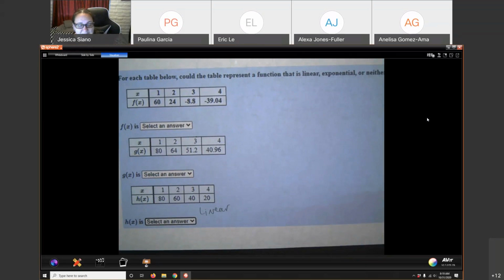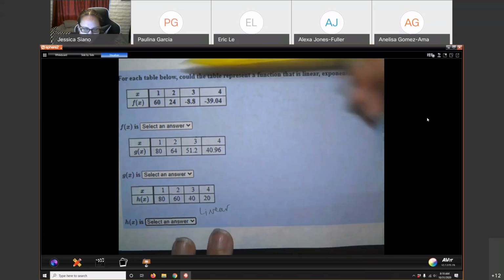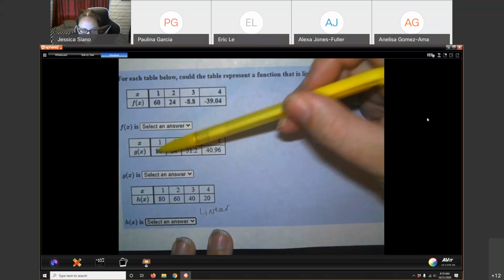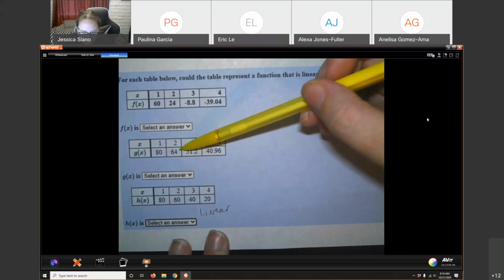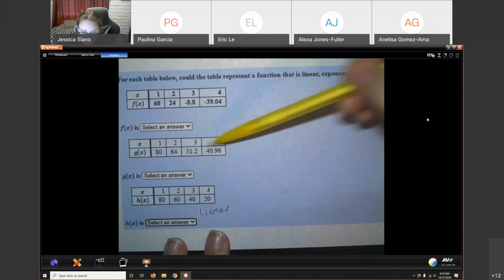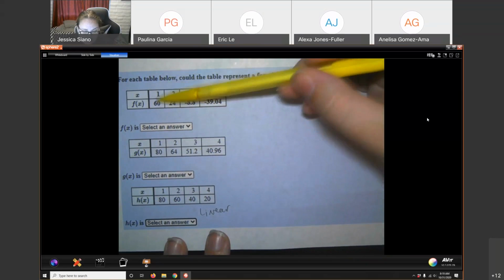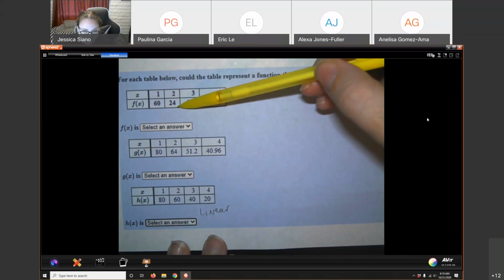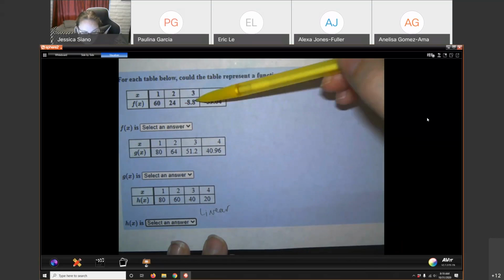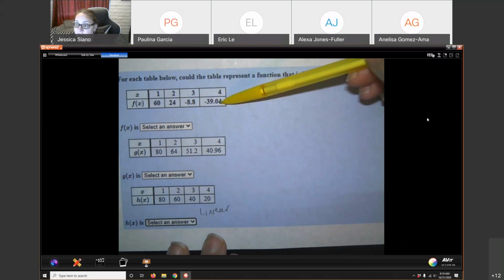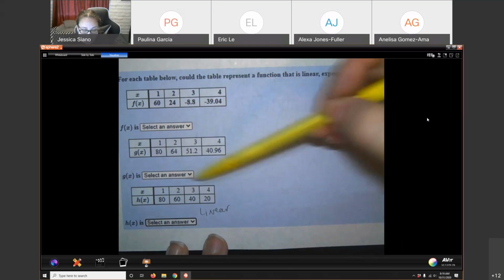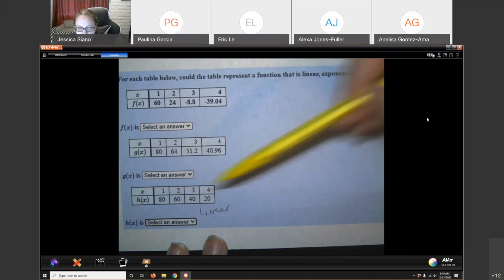Neither one of the other two is linear. We don't have a constant rate of change. This one goes down by 16 and then not 16. This one goes down by 36 and then not 36. We know a function is linear when we have that constant rate of change.